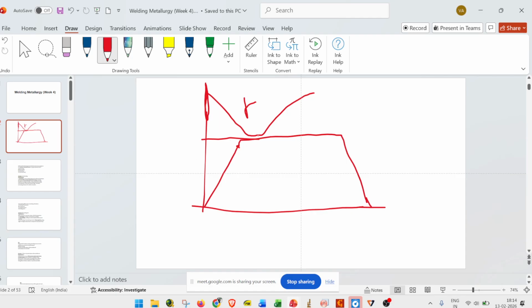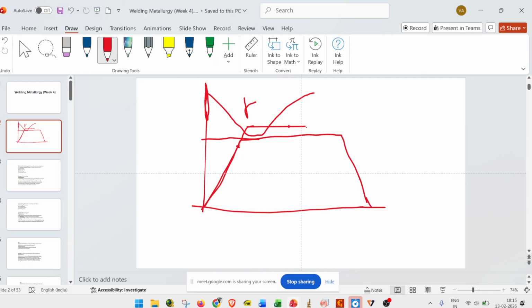So if I want to change the microstructure of my final material, first I will heat it to around 900 degrees or so, so that my entire microstructure is converted into gamma phase. Then I will hold it for some time. Then which cooling rate I follow defines which heat treatment process it is.